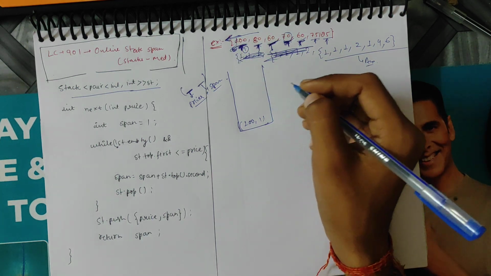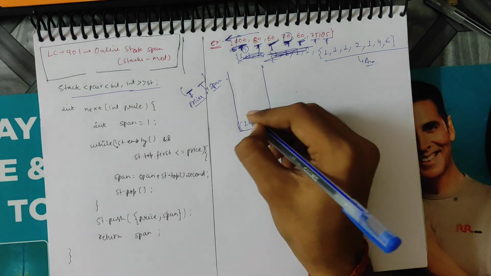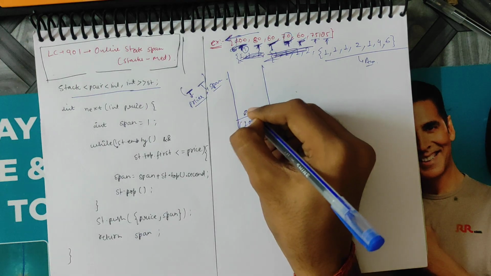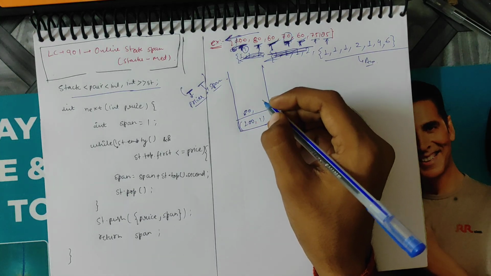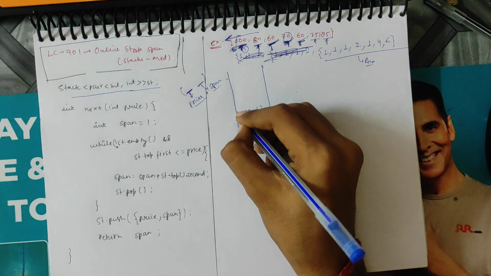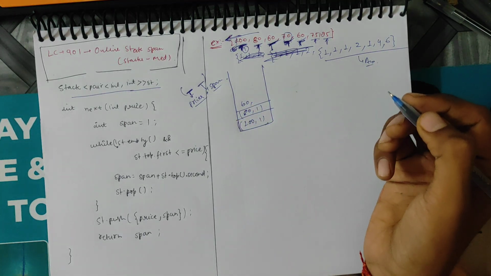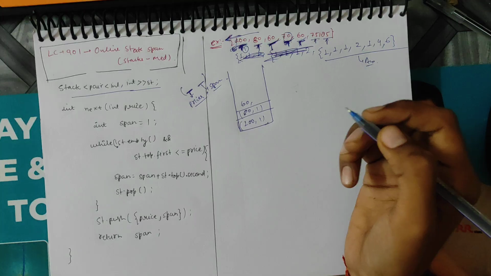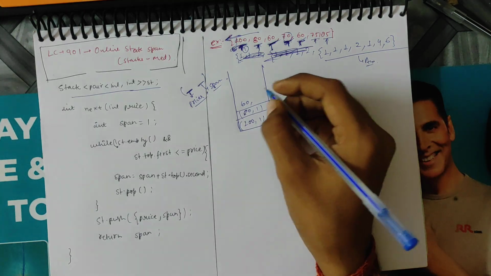Now we move to 80. Do we have an element which is less than 80? No, we don't. Again we store 80. Now we move to 60. Is there an element which is less than 60? No, we don't.